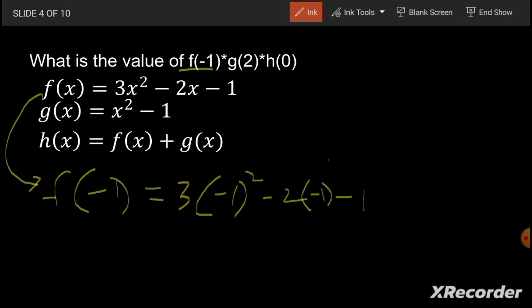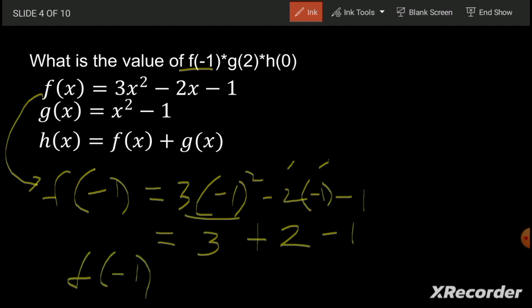You know that negative 1 squared is positive 1. So positive 1 times 3 is still 3, minus, or negative 2 times negative 1, that becomes positive 2, minus 1. But 3 plus 2 is 5, minus 1, so that's 4. Therefore, f of negative 1 is equal to positive 4. So this is 4.